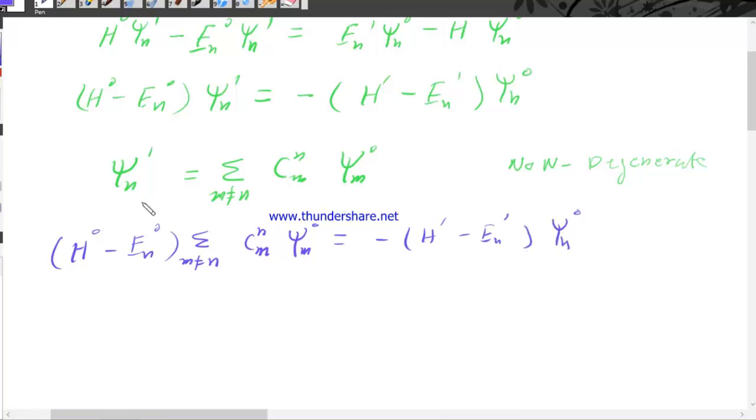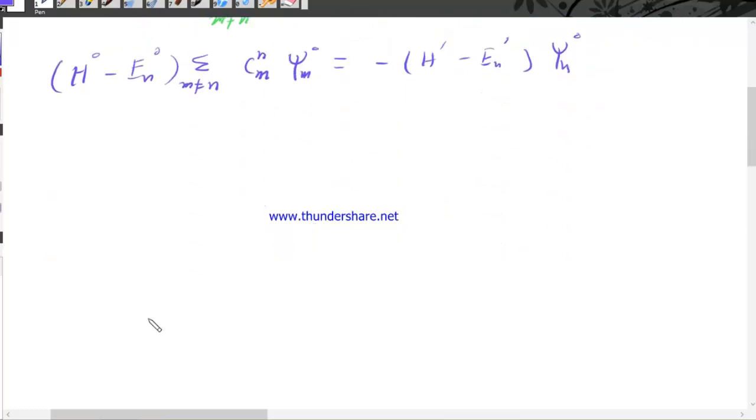This is ψn1, therefore we cannot put it here. Now we can simplify this equation: when all these terms are multiplied by H0, H0 is applied on ψm0, which gives Em0 ψm0.